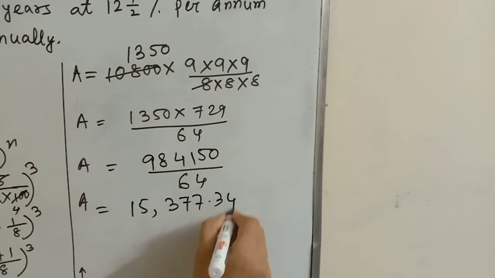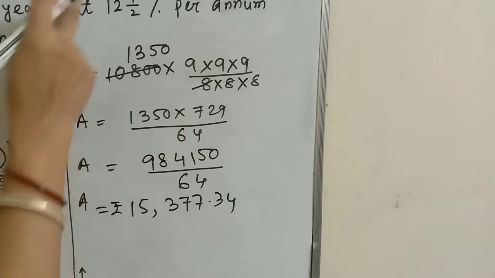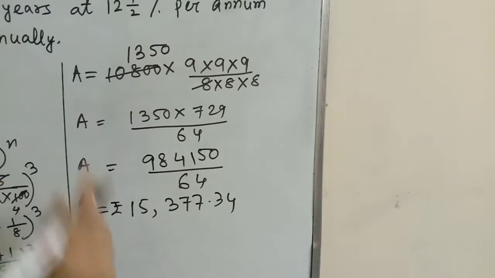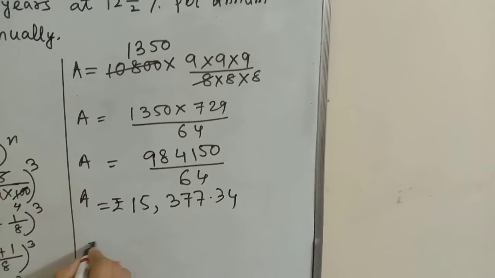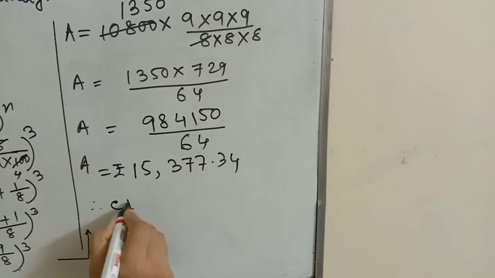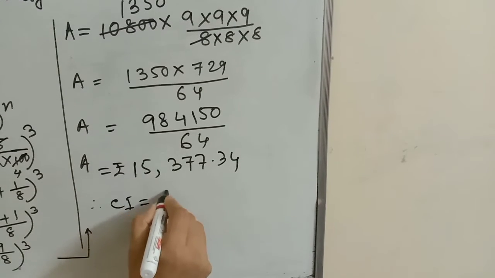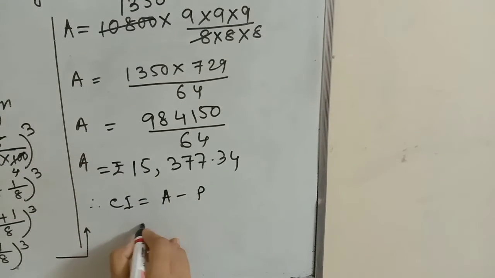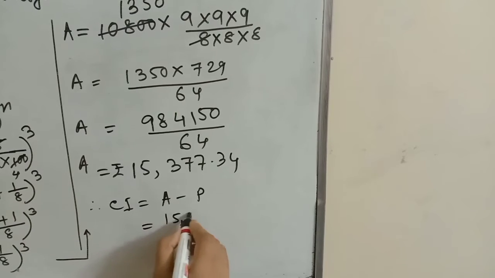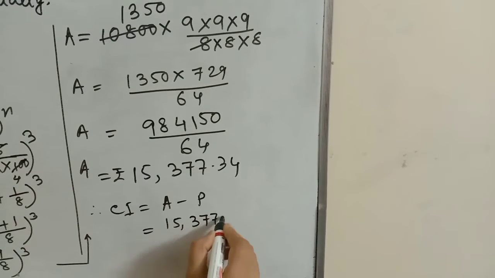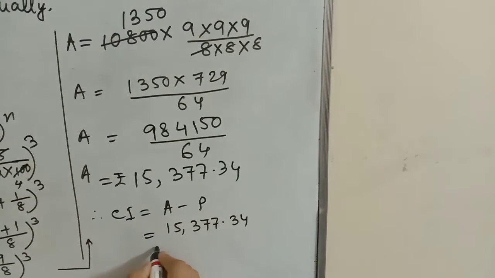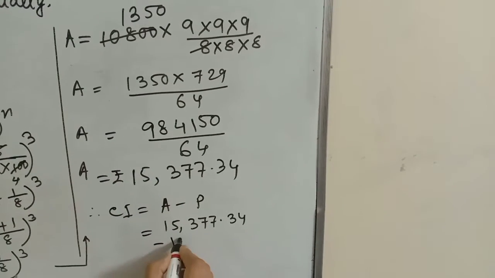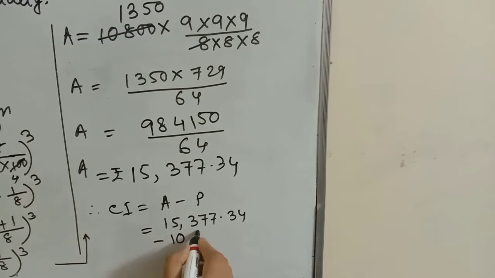If it is the amount, then you need to find compound interest also. So compound interest CI is equal to amount minus principal, that is 15,377.34 minus 10,800.